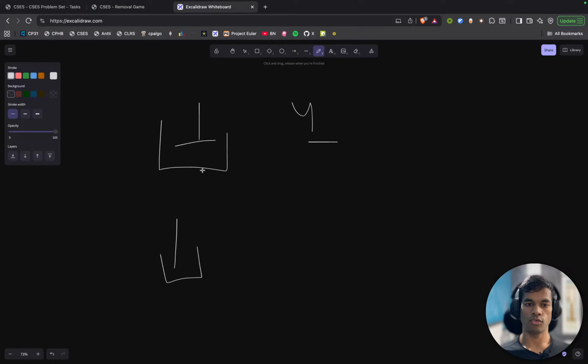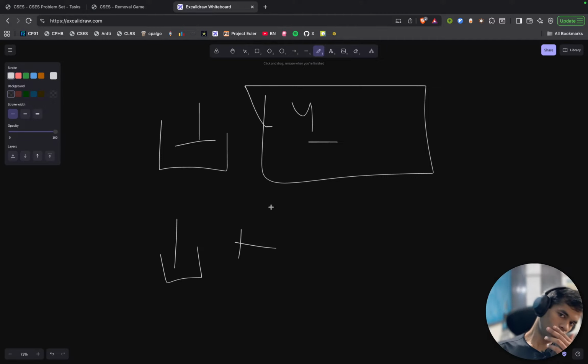If I choose this one number on the left, I will have this plus, what is the highest possible value in this? The highest possible value in this would be given to the other person.